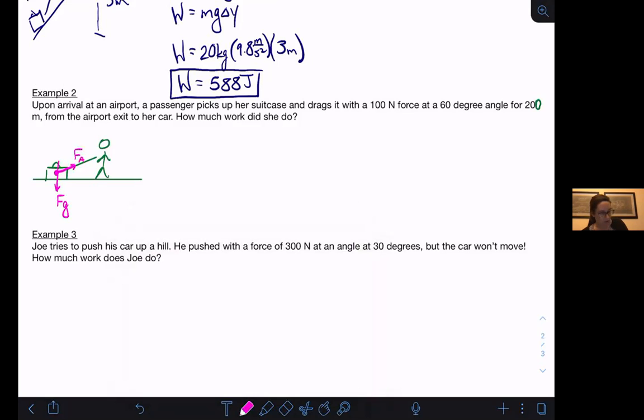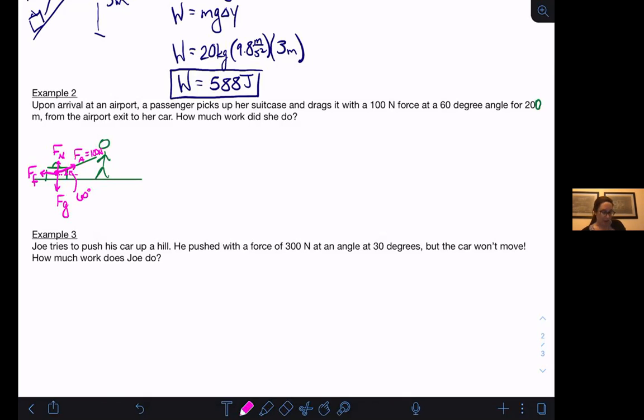Applied force, normal force, probably a friction force in there. This applied force is that 100 newtons that they tell us about in the problem. And we know that she's pulling at a 60-degree angle. This doesn't look like a 60-degree angle at all. I did not draw this to scale.